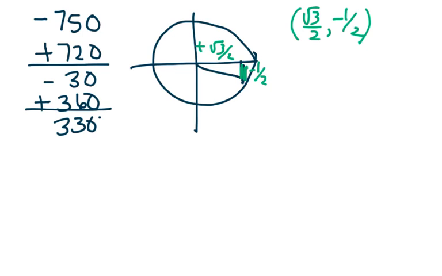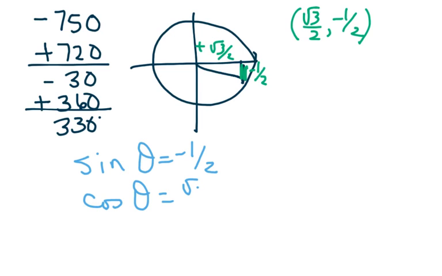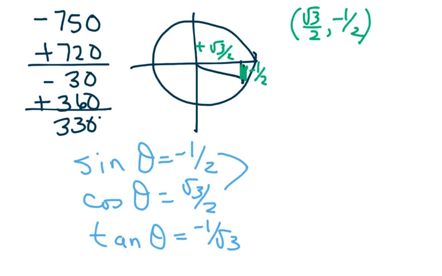And then you just plug it into the ratios again. So sine of theta is negative 1/2. Cosine of theta is root 3 over 2. Tan of theta, you just divide these two. You get negative 1 over root 3. And then you flip everything.